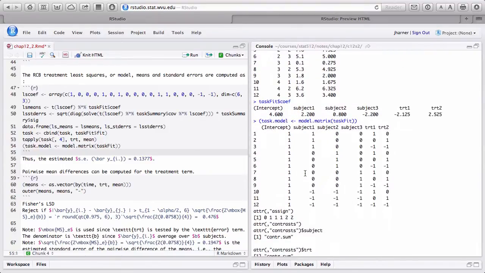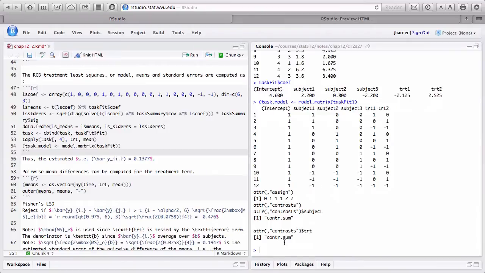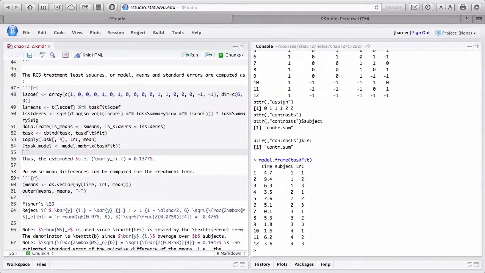But for the model matrix, you simply use the function on the fitted value, you say model.matrix, and that gives us the information. But by the way, there's also something called model.frame. And the model.frame of task fit, actually, I have to then convert it to a model matrix.